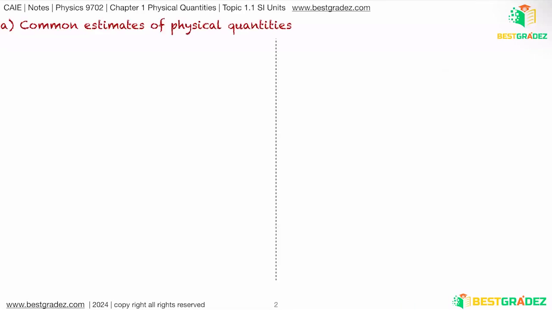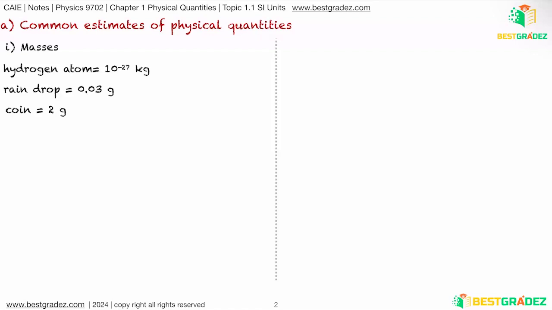ठीक है. अच्छा, before we dive into detailed calculations and so on, there are a few estimates you have to kind of memorize or at least know the range of values. ठीक है कि इसके around ये होगा. For example, starting off with a few masses, as general knowledge you should know this. ठीक है कि atoms are in terms of 10 power minus 27, raindrop 0.03 grams.